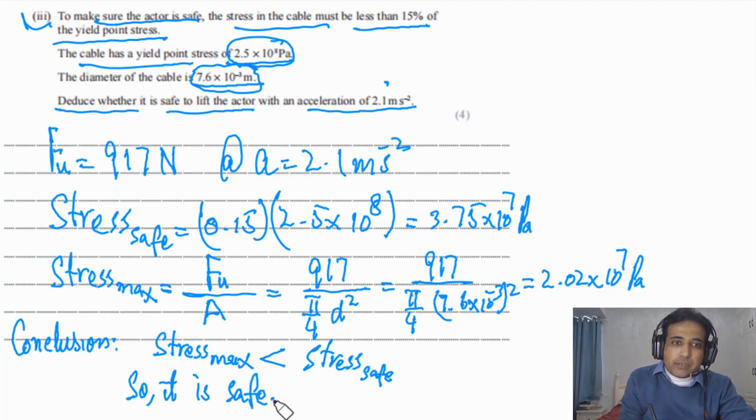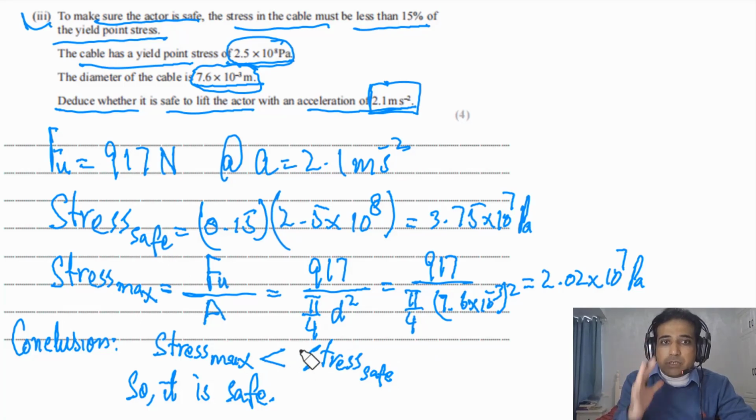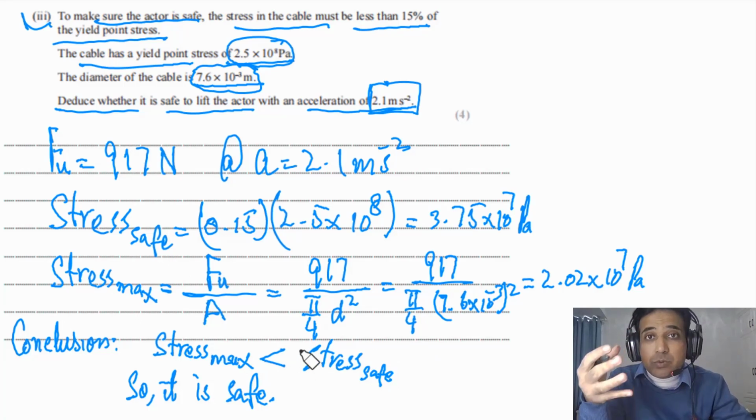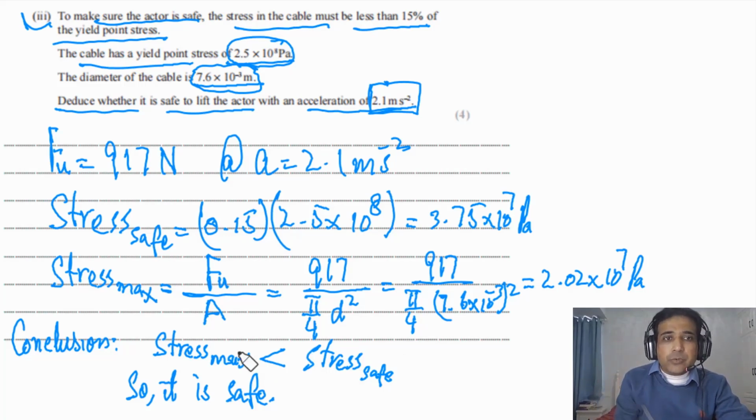So the actor is safe if the actor is accelerating with this acceleration, because the stress in the cable is lower than the safe value of the stress. So this is how we can conclude. It's a practical question about designing, how designers work, how they make sure something is safe. And this is how we can calculate, and if you have done this one, you will get 4 marks for this question. Total marks for this question are 4.